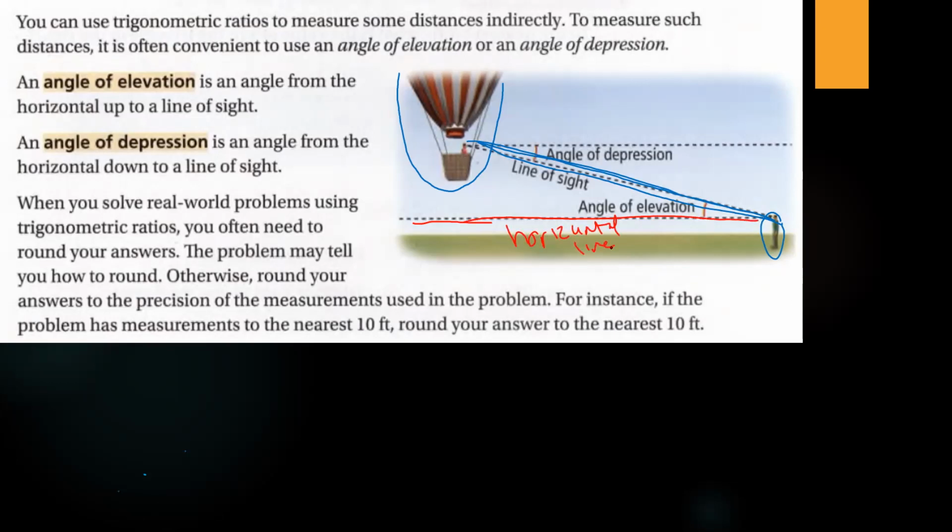An angle from the horizontal line up to the line of sight, I call angle of elevation. And an angle from the horizontal line down to the line of sight, we call angle of depression.